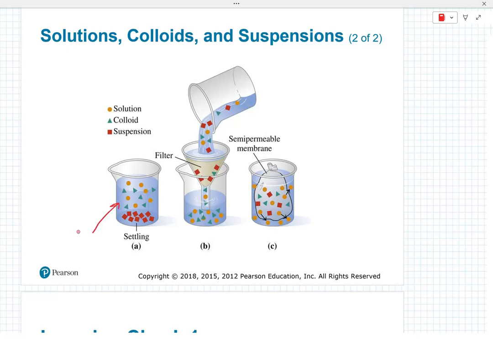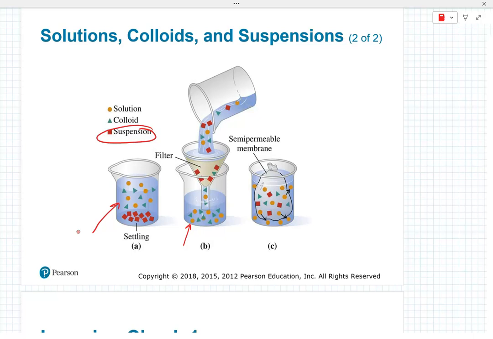If you have all three types of mixtures in one beaker, when you run this mixture through the filter, only the elements of suspension will stay on the filter. Sounds reasonable? Both colloids and true solutes will pass through.